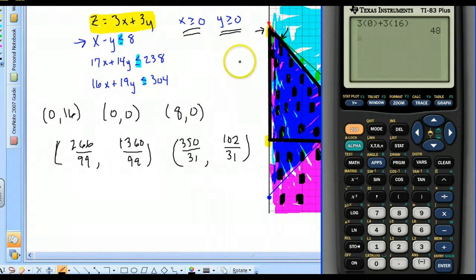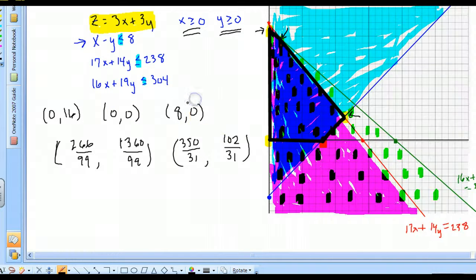Do it again with 8, 0. So change this to 8. Change this to 0. You can hit delete and then 0. That makes that 24, so it's not going to be that one. You can kind of eliminate them as you go. That's out, that's obviously out.